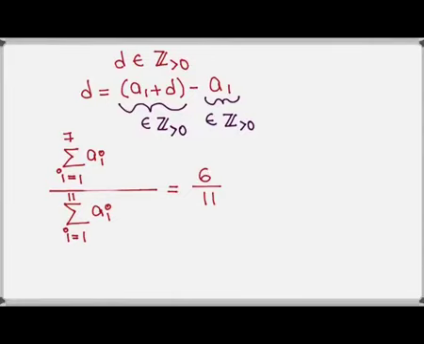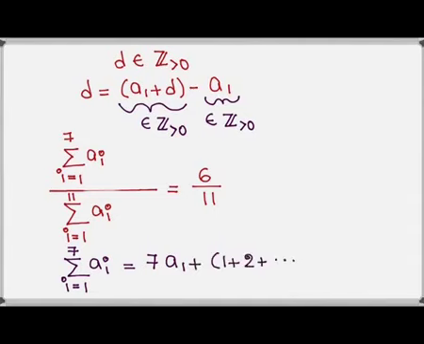Now note that the sum over i running from 1 to up to 7, Ai is equal to 7A1 plus (1 plus 2 plus so on and so forth up to 6) into D. Note that this is equal to 6 into 7 divided by 2.